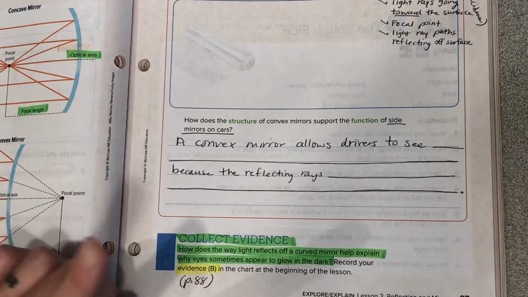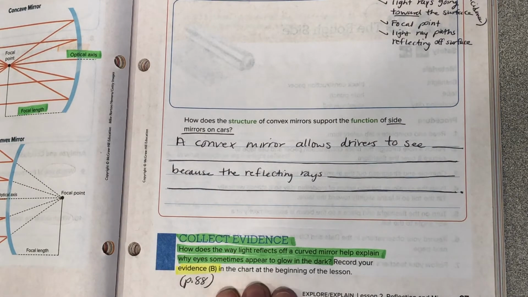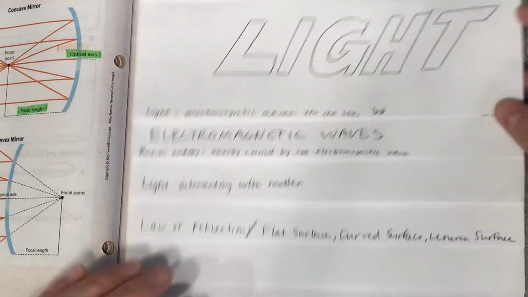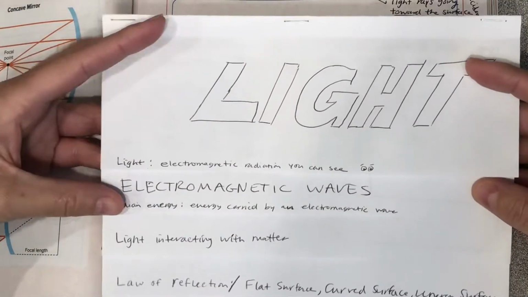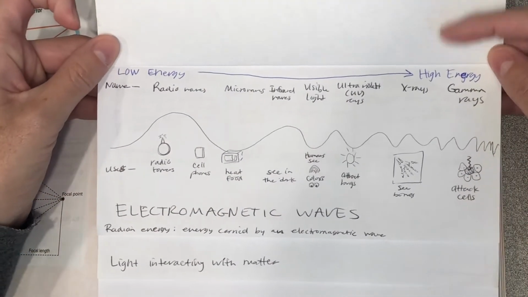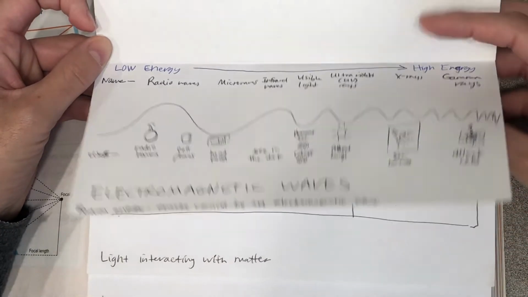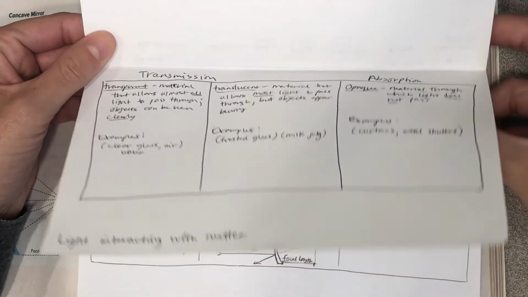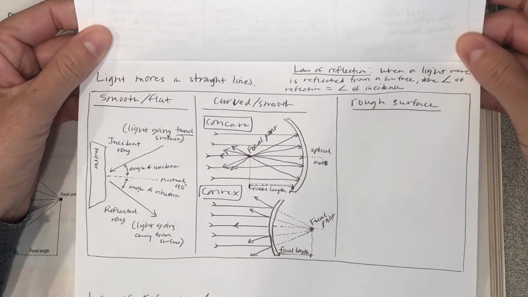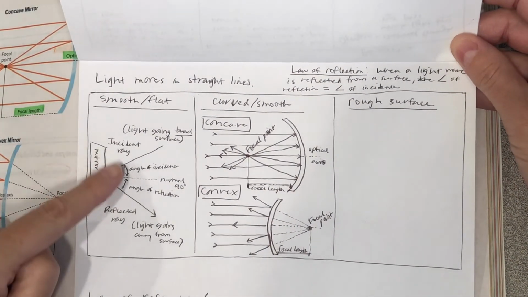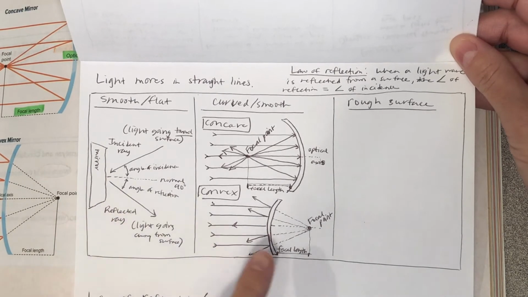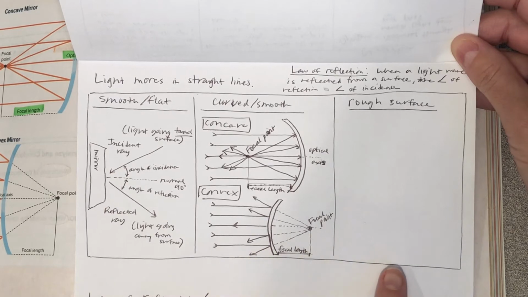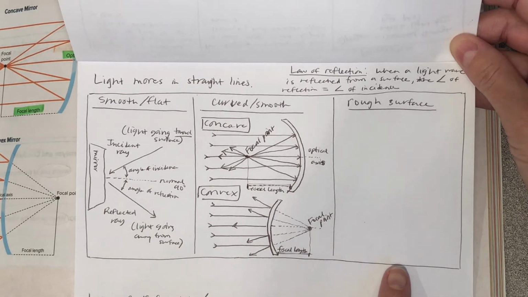All right, the last thing we need to do before moving back to our evidence in our CER is get our foldable. Remember our light foldable? We've already talked about electromagnetic waves. We've talked about how light interacts with matter, transmission and absorption. And we've moved on to the law of reflection, how it reflects off a smooth flat surface. Today we moved on to a smooth curved surface, and next week we'll move on to a rough or uneven surface.